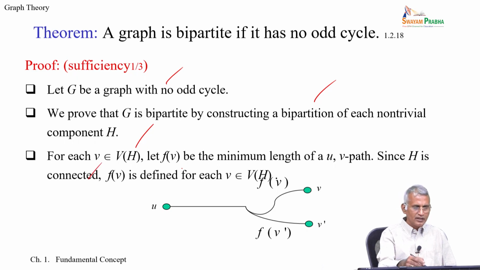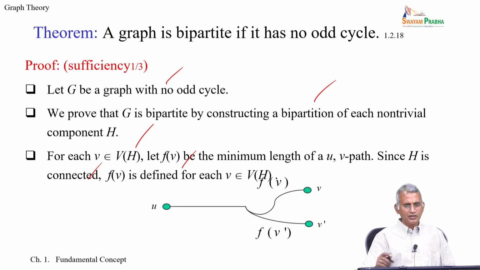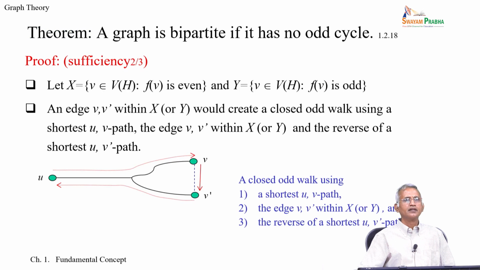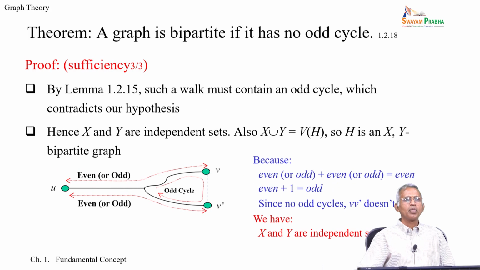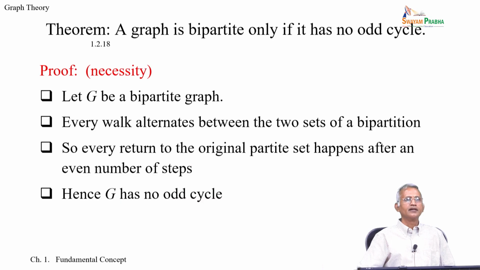Since H is connected, f of v is defined for v in V of H. So, this way we have to connect u in terms of v and v dash. So, a closed walk using a shortest u,v path, the edge v v dash within X or Y, and reversing the shortest u,v path. We have X and Y are independent sets. So, a graph is bipartite if it has no odd cycle.